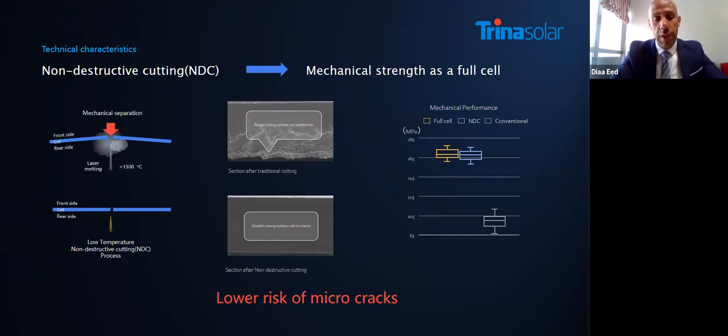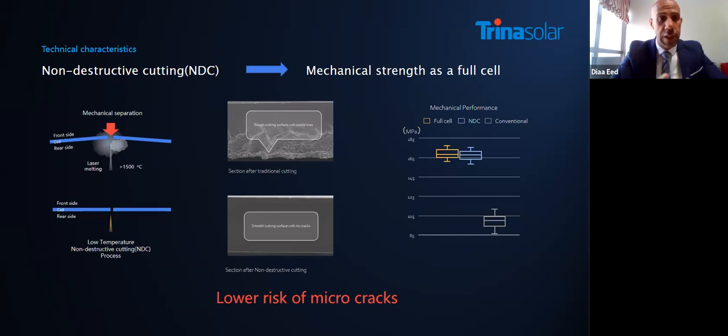The mechanical separation makes a rough cutting surface, which can increase the risk of micro cracks when you connect all these cells next to each other to complete your cell module.